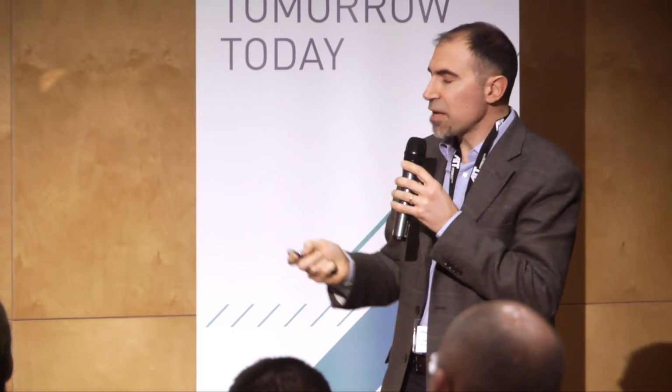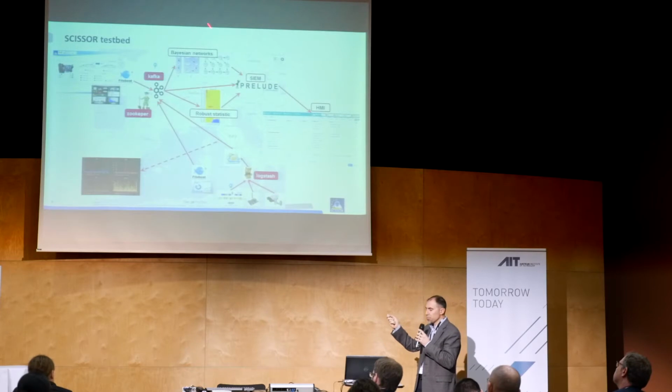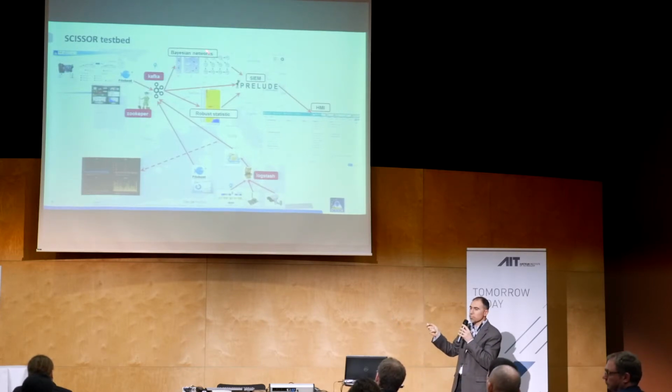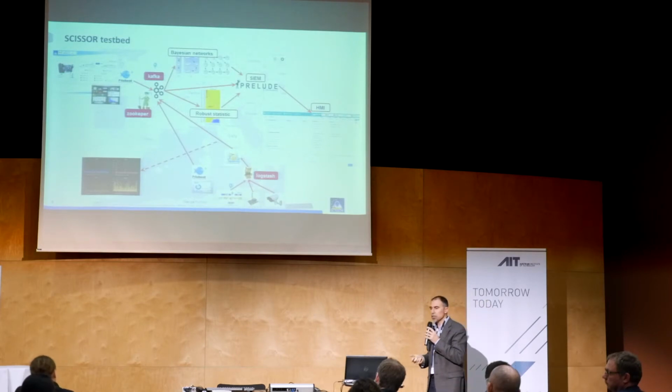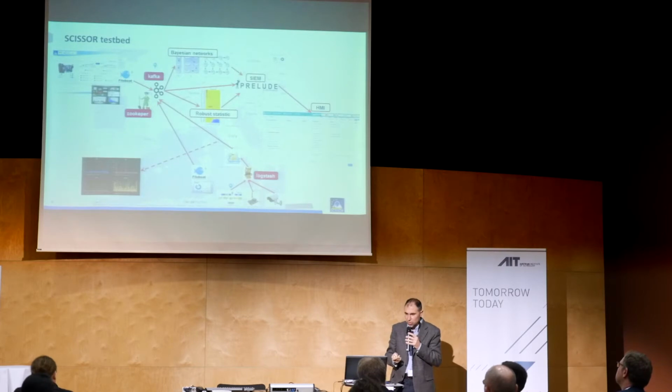And then we can have a correlation engine, more traditional one, based on correlation modules that we can develop in SIEM. We are using Prelude, which is an open source SIEM.